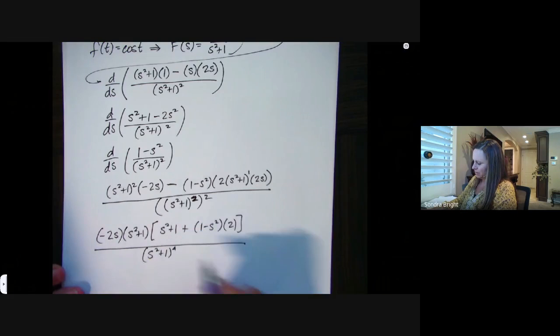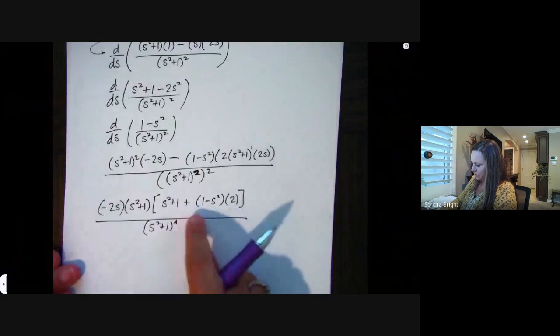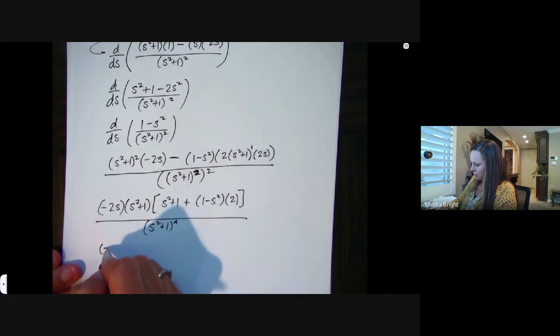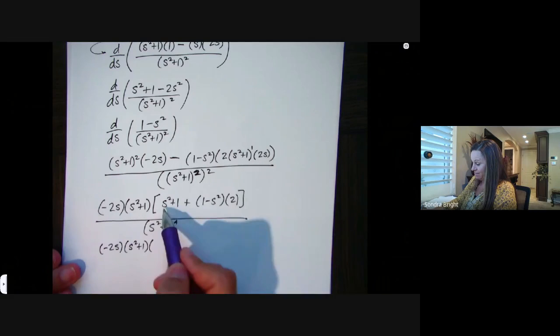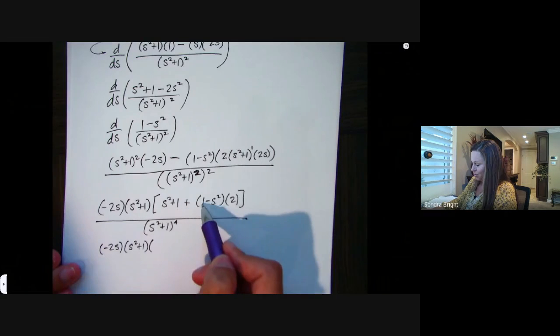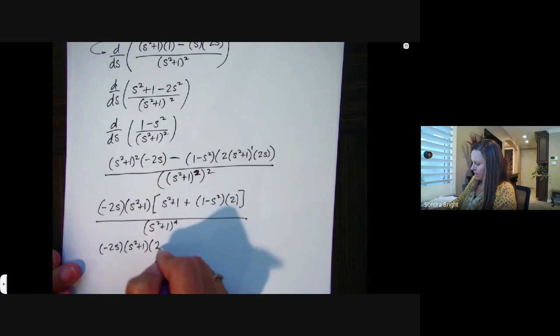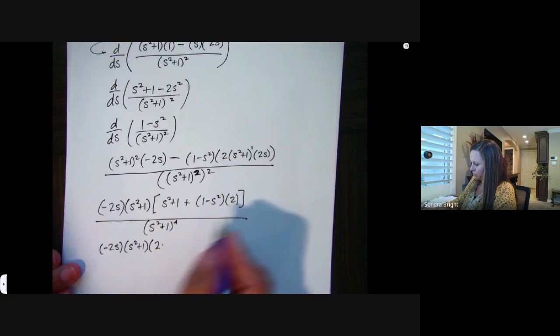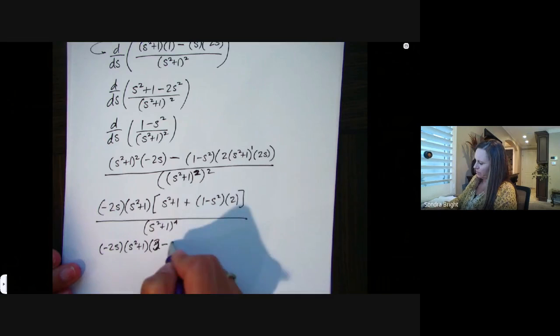Okay, well, when you clean that up, I still have the negative 2s. I have an s squared plus 1 here. I have an s squared plus 1 minus 2s squared. So what is that, a 2? No, a 3, because it's a 1 plus a 2. So a 3 minus s squared. Hopefully you see that when you clean that up.